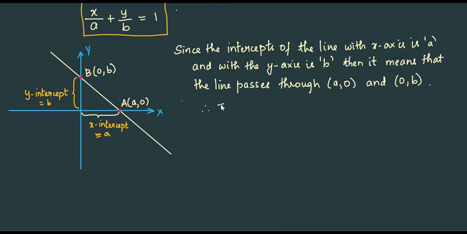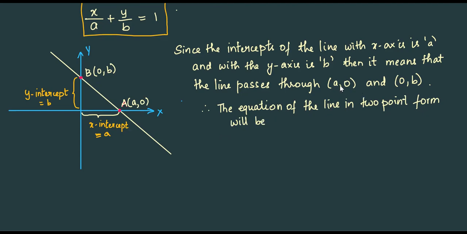Therefore, the equation of the line in two-point form will be, let us take this as the first point.